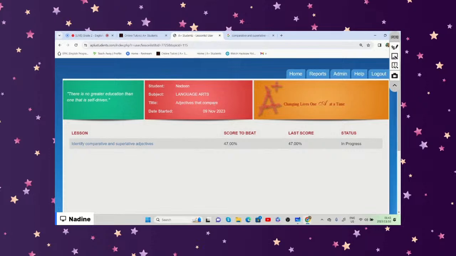We start with tall, taller, tallest. So our adjectives that compare.